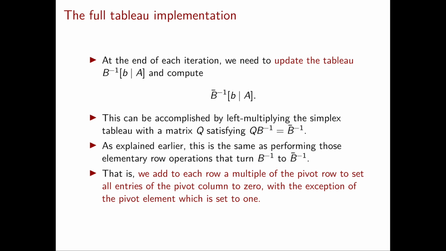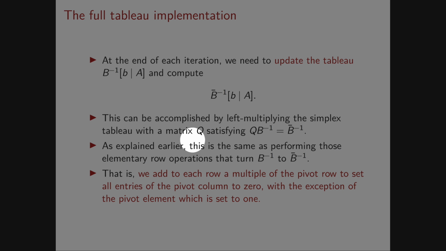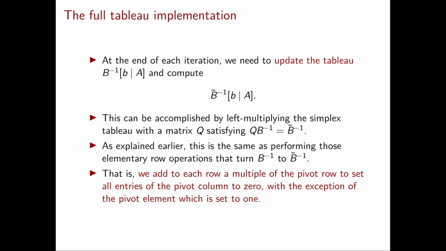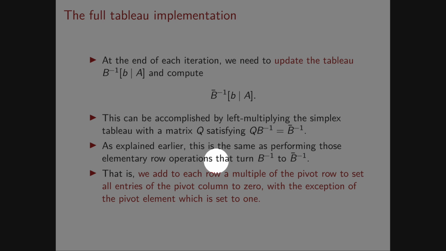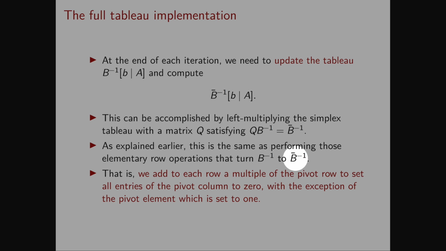Given what we have understood in the revised simplex, this is very easy. In fact, we know how to transform B inverse into B bar inverse by multiplying on the left by our matrix Q. So everything we need to do to correctly update the tableau is to multiply on the left by the matrix Q that we already discussed in the revised simplex method. And we've seen that this is the same as performing the elementary row operations on the tableau that turn B inverse into B bar inverse.